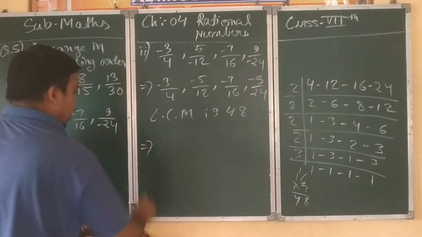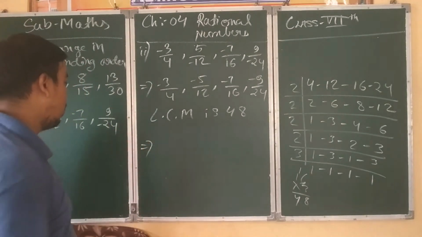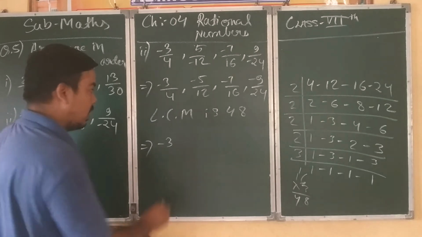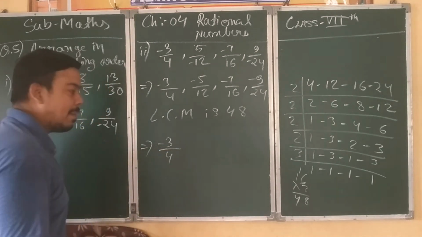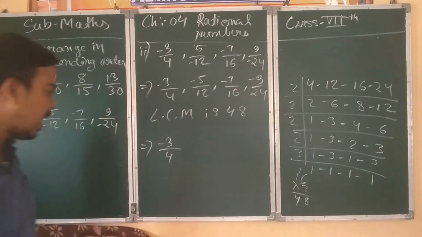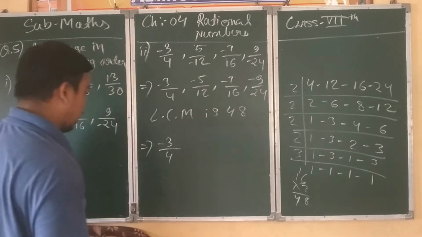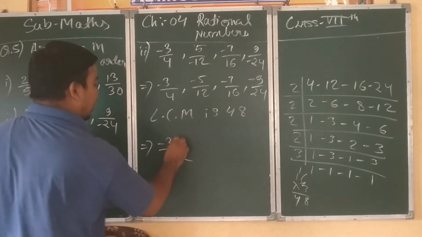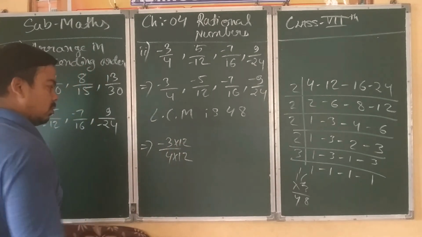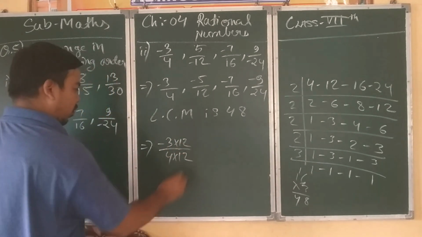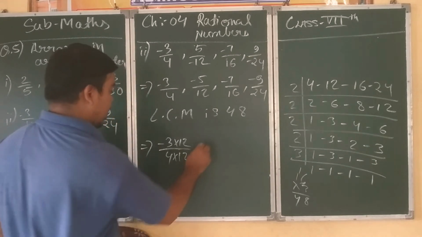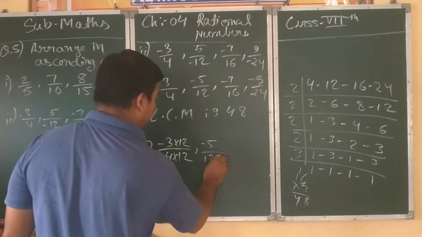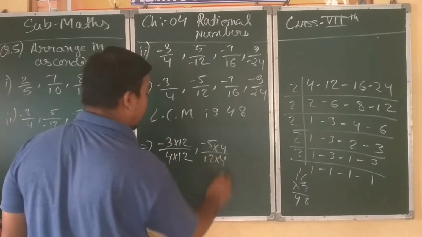Now the next step is we make the denominators equal. 3 by 4: 4 is multiplied by which number to get 48? It is 12, so the numerator is multiplied by 12. Then minus 5 by 12 is multiplied by 4, so the numerator is multiplied by 4.